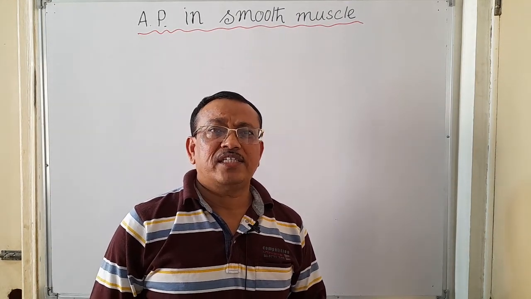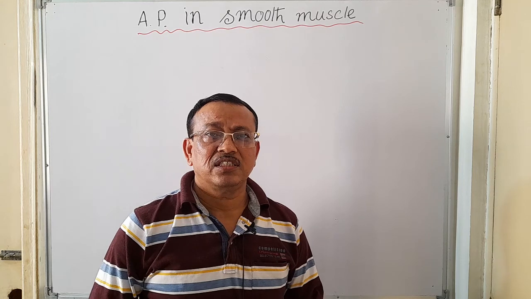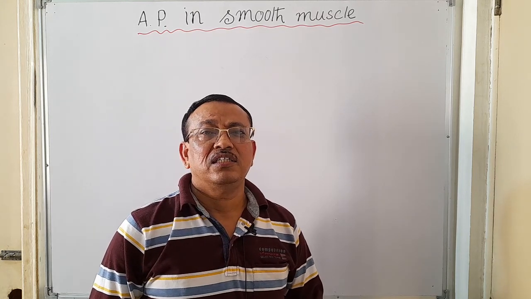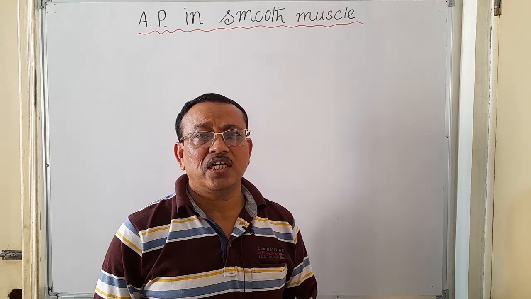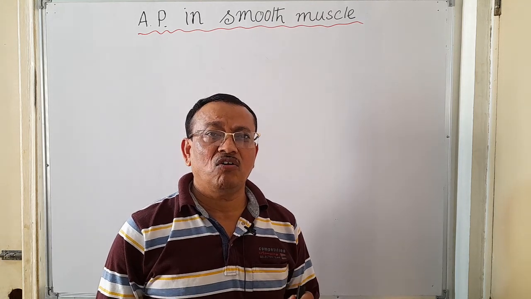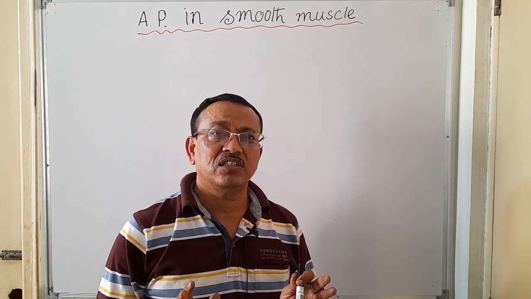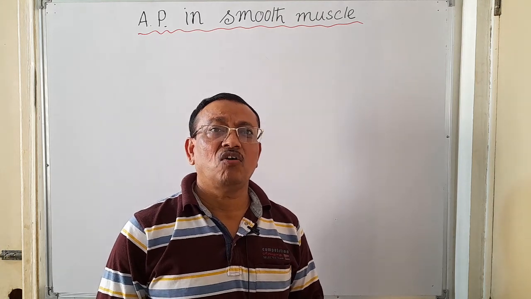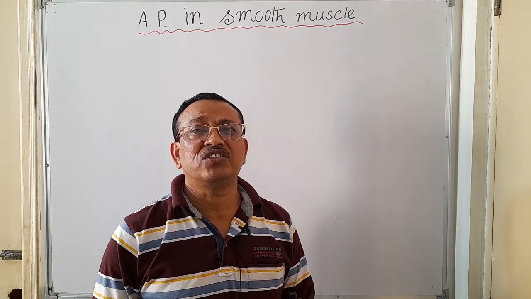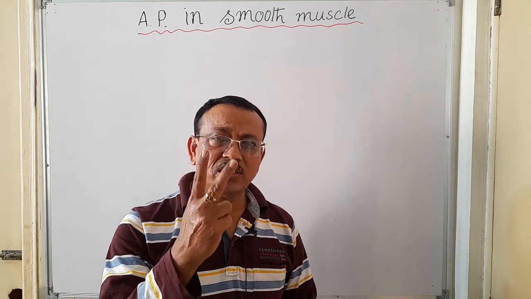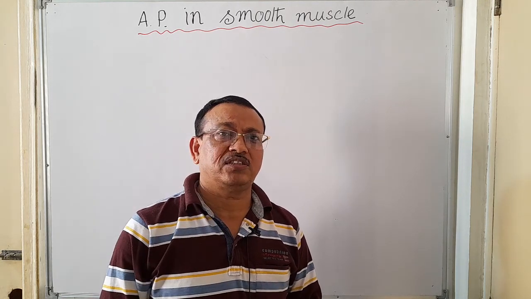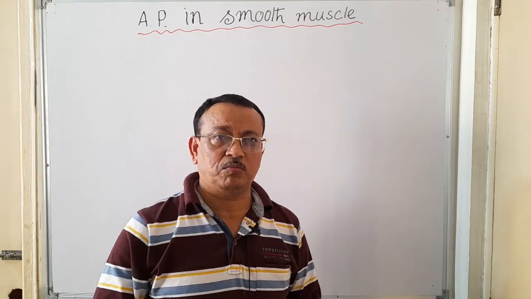You might know that smooth muscles are the muscles which are mostly present in the hollow visceral organs or hollow visceral tracts. And there are two categories of the smooth muscles, two types of the smooth muscles.